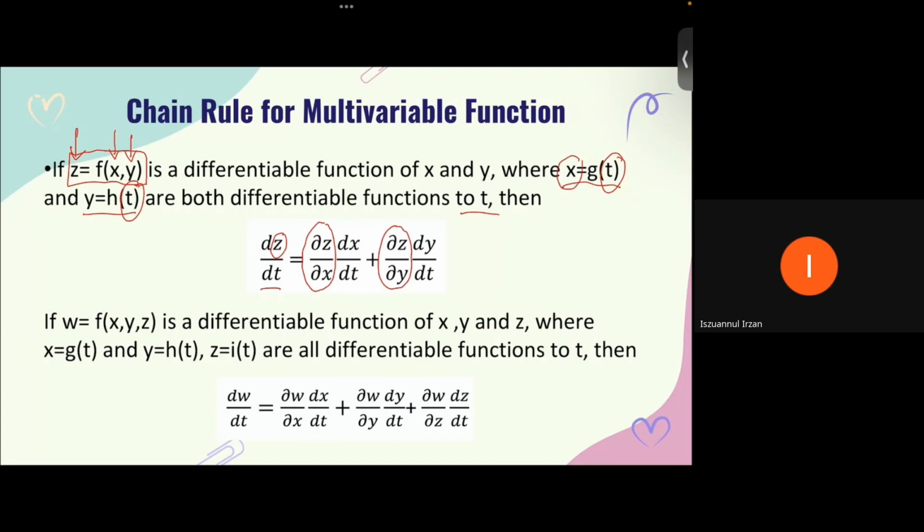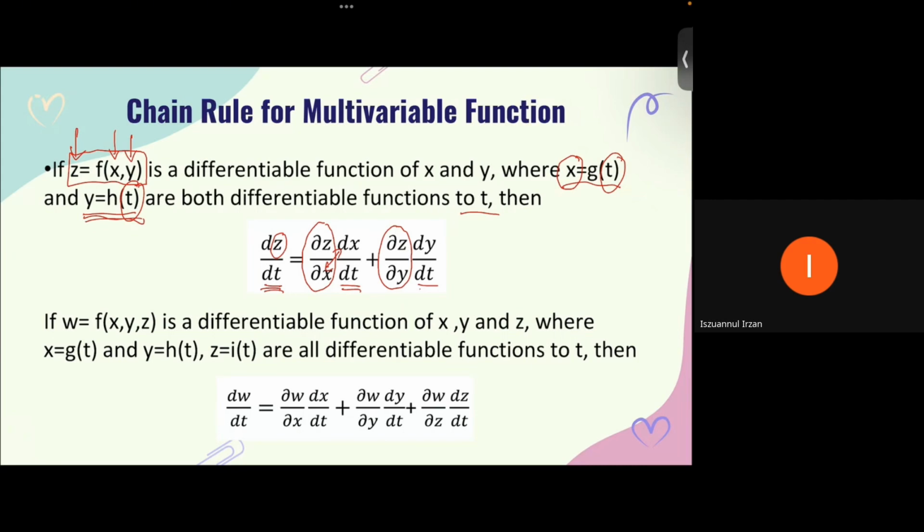You can see x has one variable, that is t, so you are going to perform dx/dt. You will see that the dt always matches the dt over here. For the other section, you have the y function, and this y function has variable t, so you are going to perform dy/dt. So this is how you come up with your chain rule equation for a multivariable function.